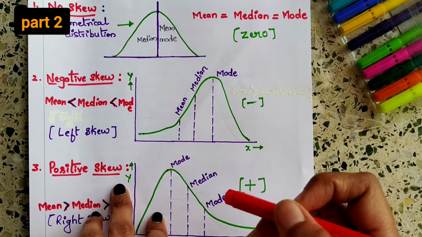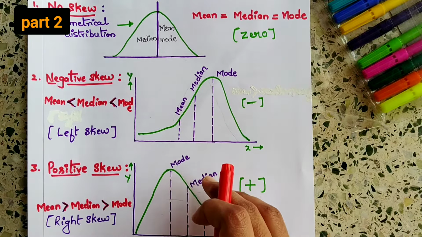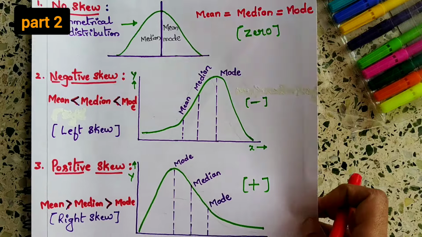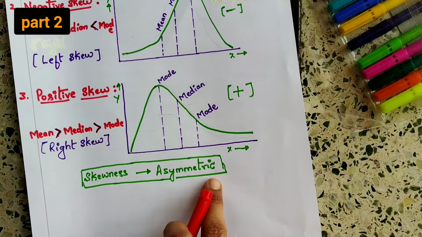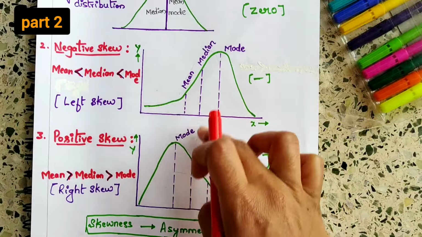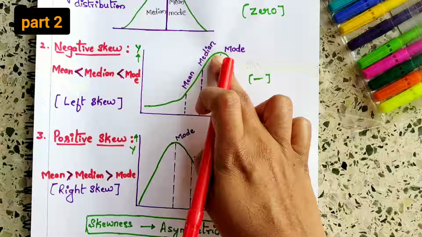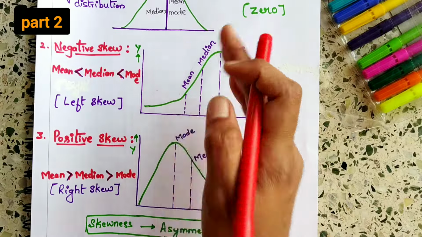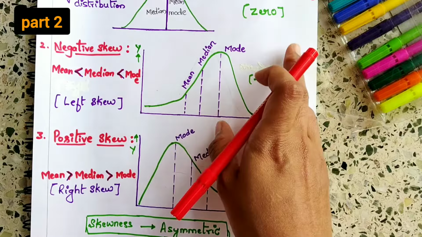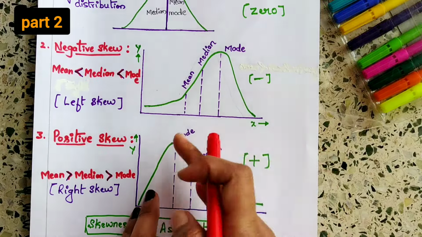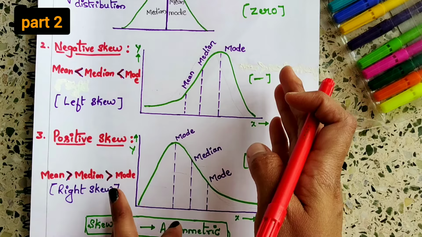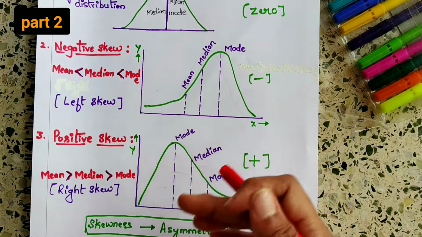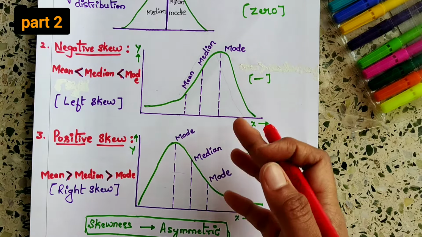And if there is skewness, it is asymmetric, as you can observe in the picture here. The distribution is shifted to the right side or to the left side. This occurs like this.